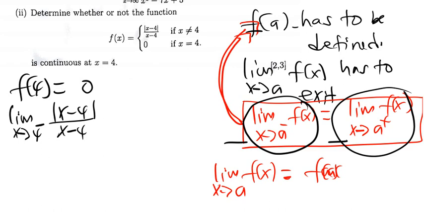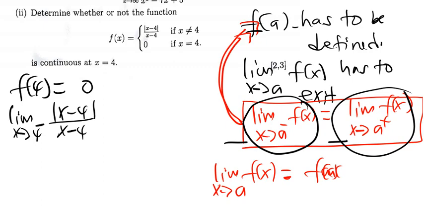But I can't plug in x equal to 4 directly, because the condition here is that x should not be equal to 4. But since we are saying that x is approaching 4 from the left side, we need to get a number which is a bit closer to 4, not exactly 4. I can get 3.9.